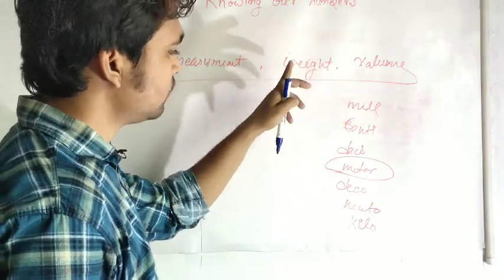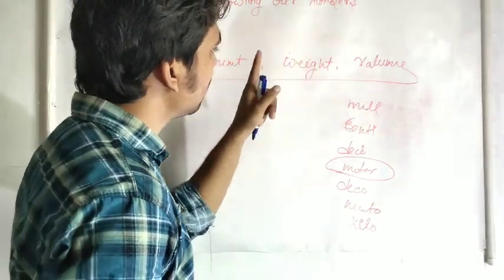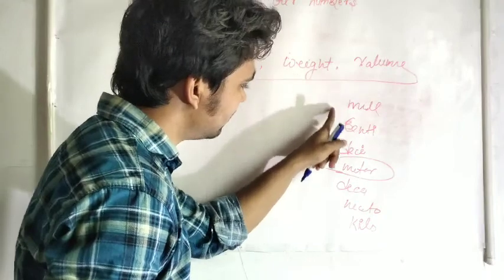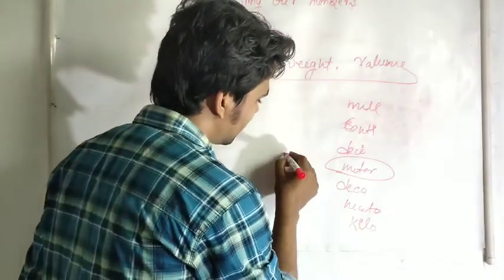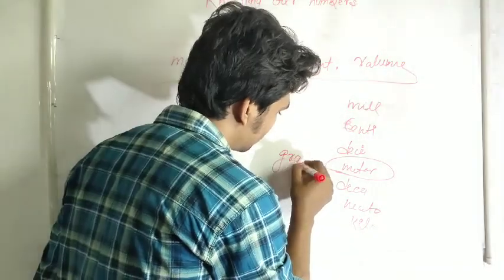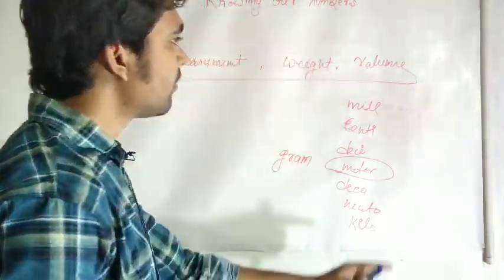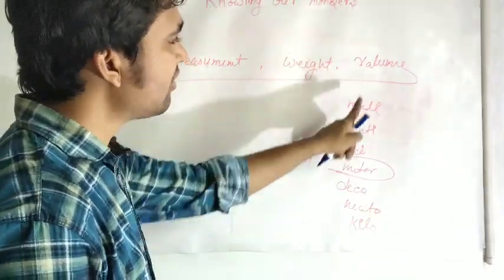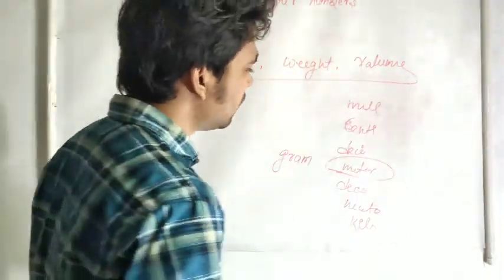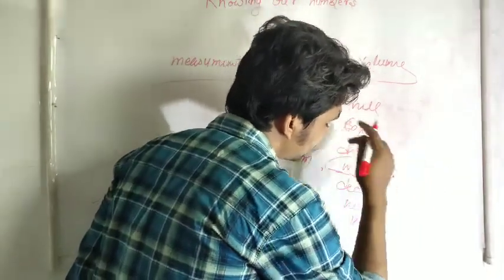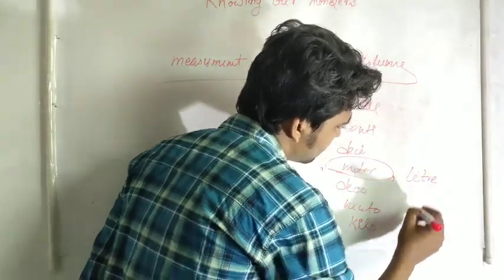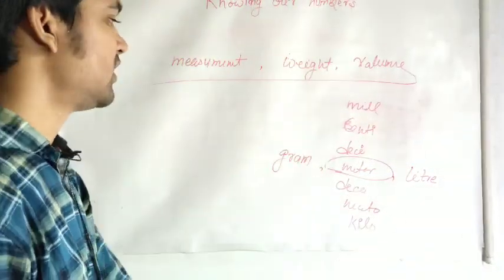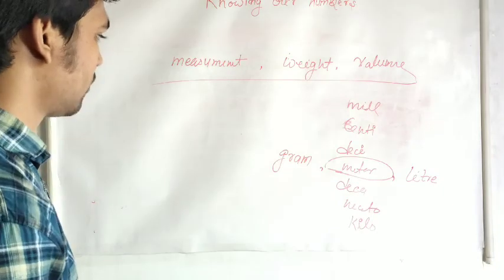When we use this chart for measuring weight, then we will use gram here, and when we use this chart for measuring volume, then we will use liter here, and the rest of the chart would be the same.